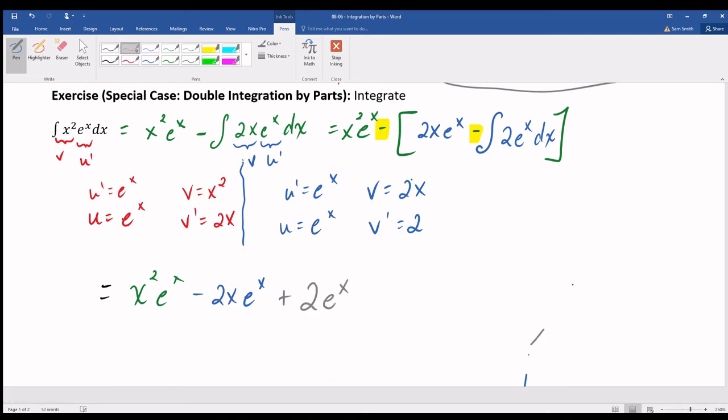Never forgetting for indefinite integrals plus c. By using integration by parts twice, once to reduce x squared to 2x, then to reduce 2x to 2, we were able to take the antiderivative of this integrand.